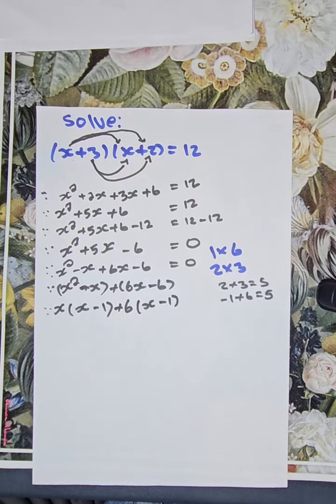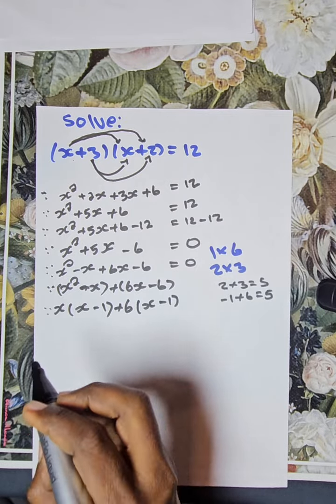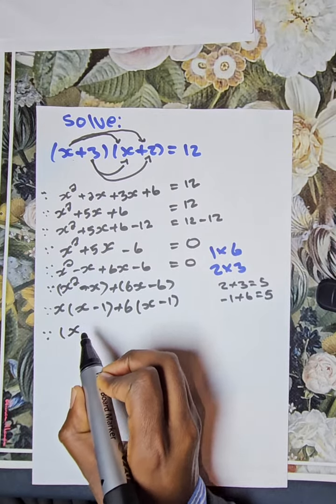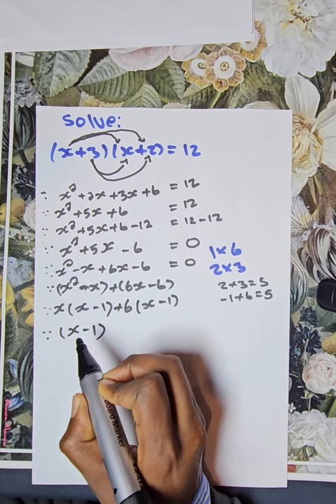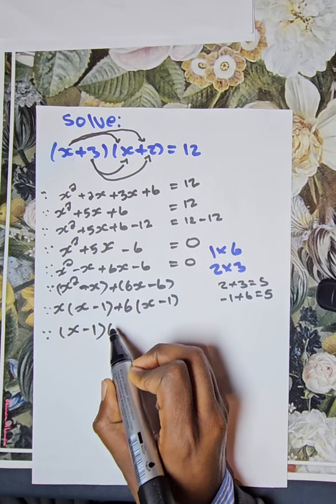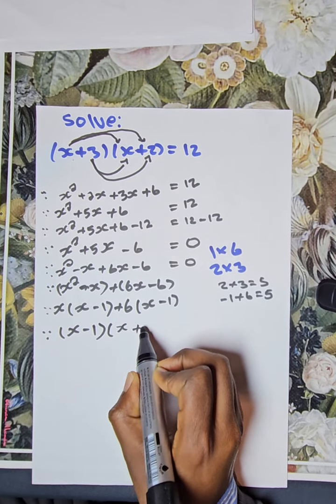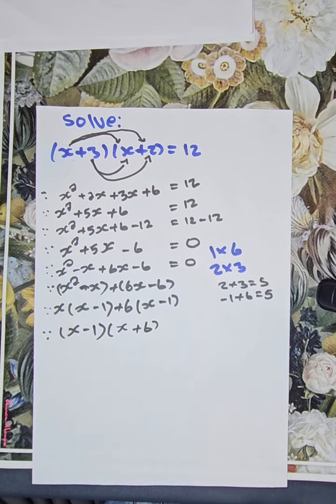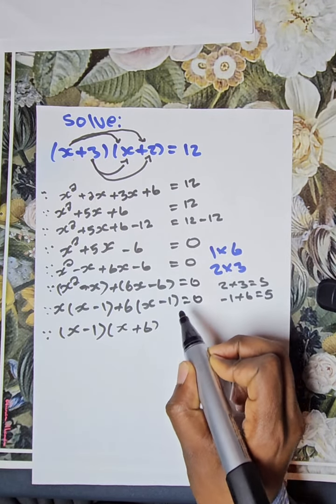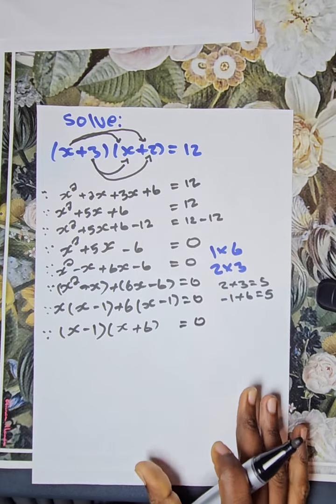Now we see we have identical brackets. Therefore, let's take out the common bracket x minus 1 as a common factor, and then bring down the factors that you took out, which is x plus 6. Now we have our quadratic equation in factor form, and the product of the factors is equal to 0.